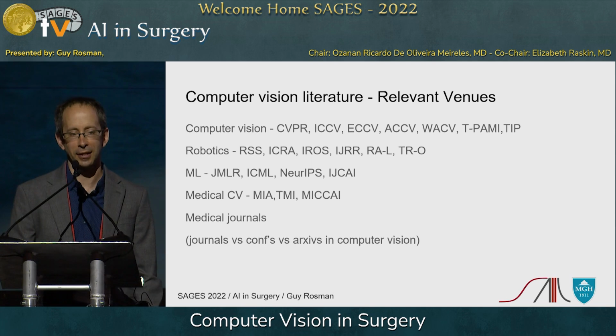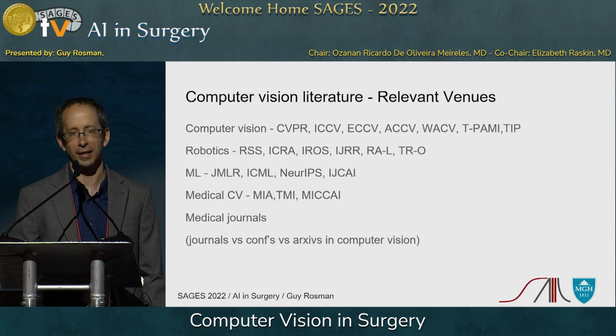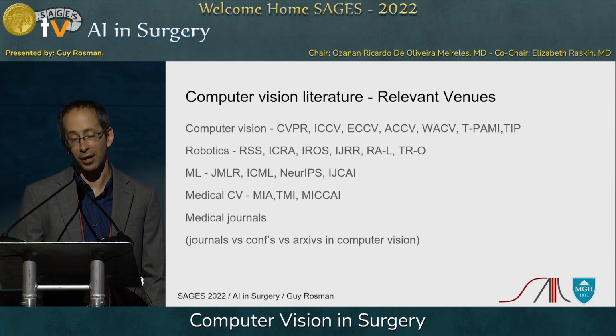Finally, just to mention, in terms of getting into this field, there are two key differences in terms of the literature. One is that this is a list of computer vision, robotics, and ML venues that are all relevant, and some of them will have either medical examples or algorithms that are relevant for medical.